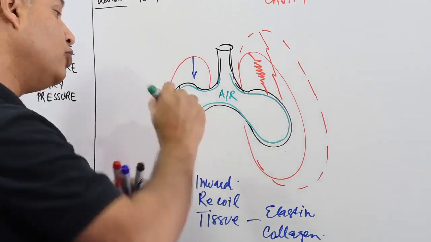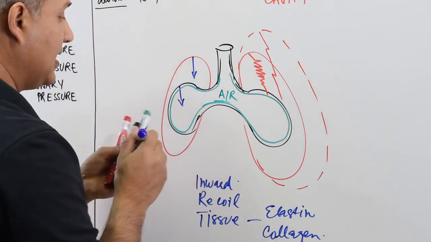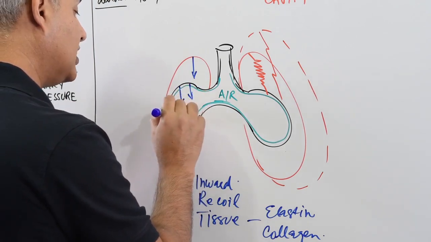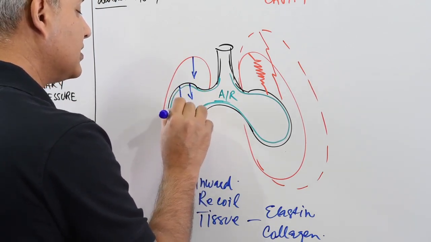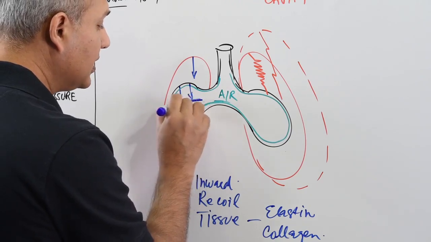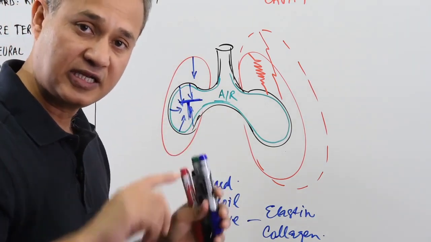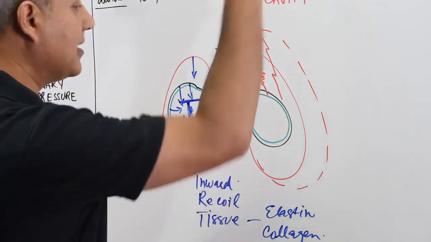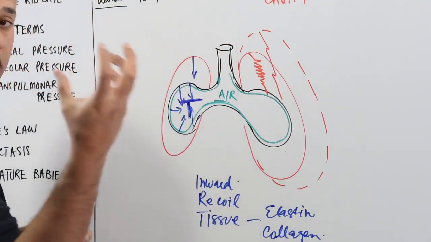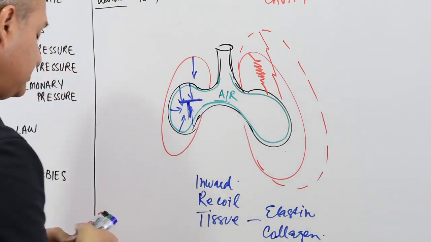This air-fluid interface also causes a pressure inwards to try to collapse the alveoli. That is a tension. I'm putting T here. The surface tension inside the alveoli is contributed by the fluid that is lining it. Now, how does that happen? We'll discuss that. But these are the two inward recoil forces.